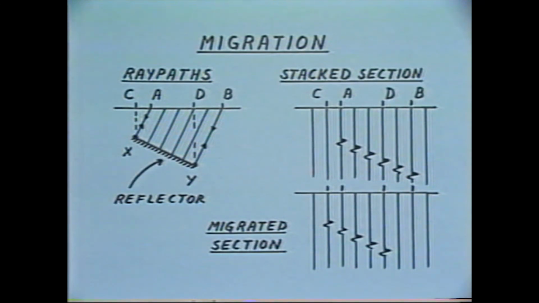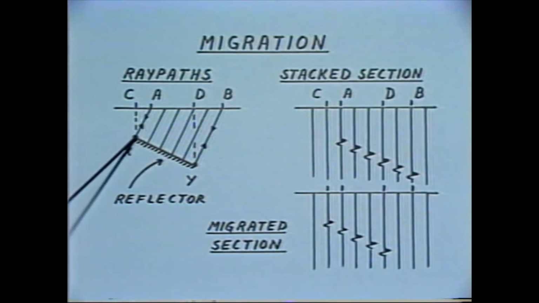Now, sometimes, if some of those reflectors have relatively steep dips, the picture of them that we obtain from the stacked section is somewhat distorted because the reflectors are not in their correct position relative to the trace origins on the surface. And the reason for that is illustrated here.